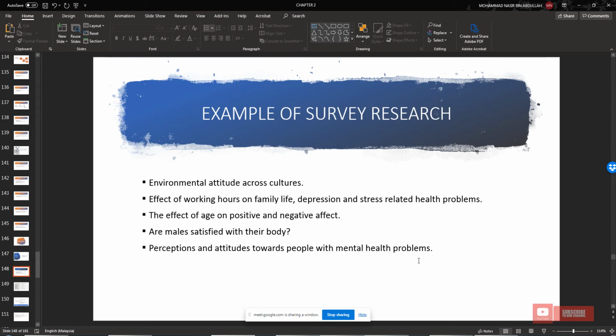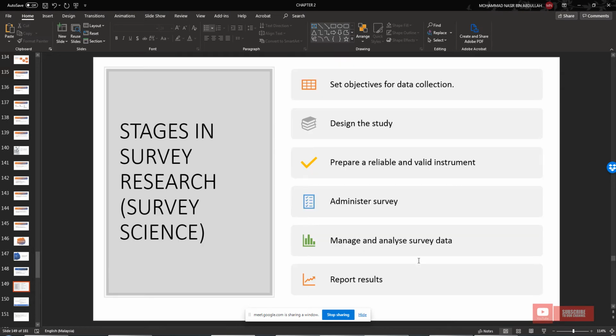Right. So the stages in survey research. First we need to set an objective for our data collection. Of course we need to set an objective. What are the variables that we want to measure, right? So for example, let's say I want to do a survey research regarding knowledge, attitude, and practice on dengue fever prevention.